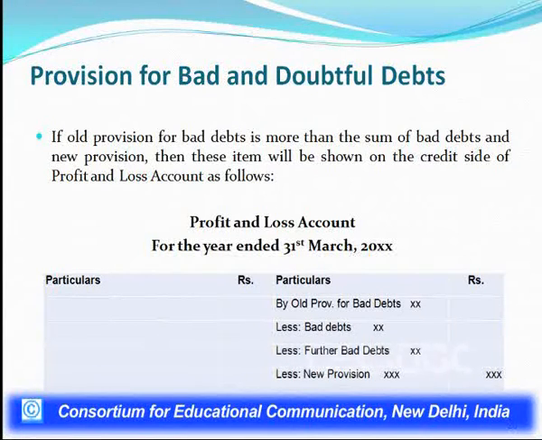There we shall show, as you are seeing on the screen, the old provision for bad debts first of all, then we shall deduct these three items: bad debts given in trial balance, further bad debts given in the adjustments, and the new provision to be made for bad and doubtful debts given in the adjustments. And the remaining amount will be shown in the amount column.